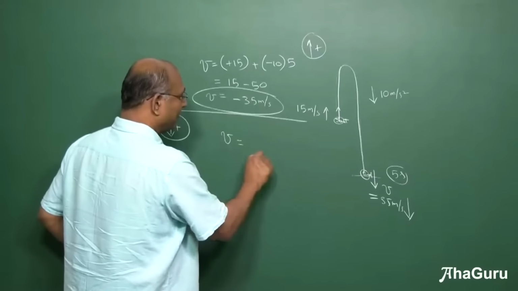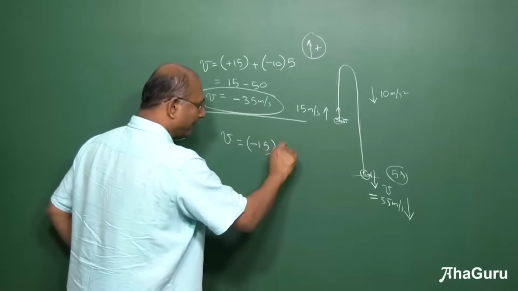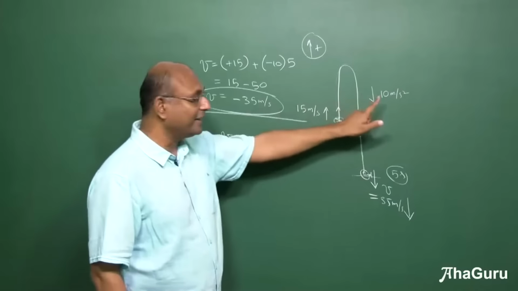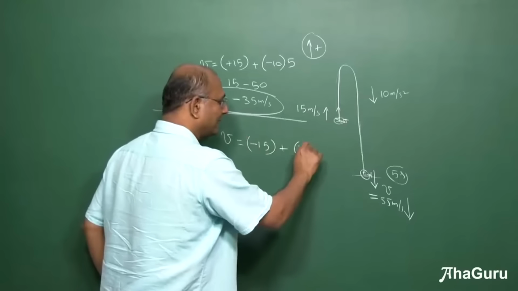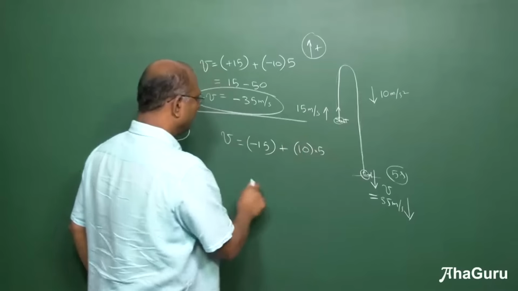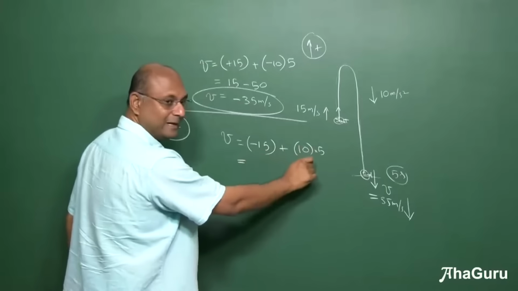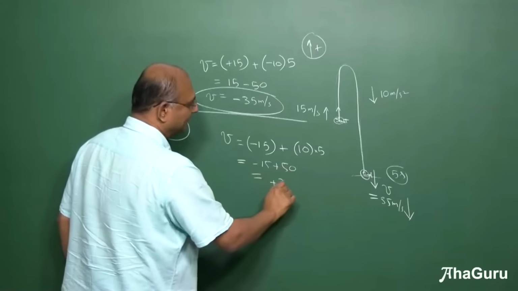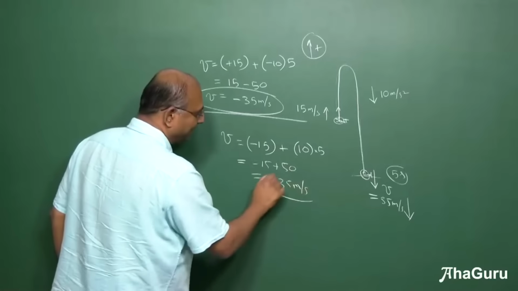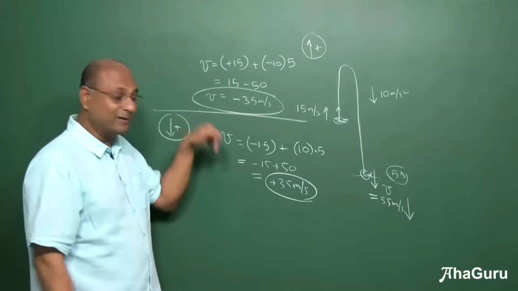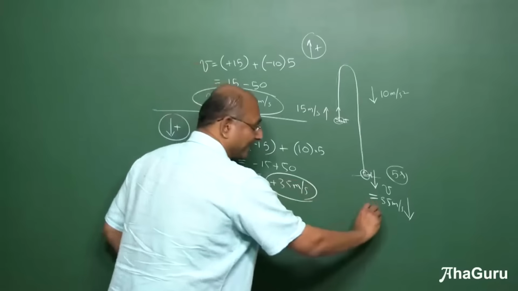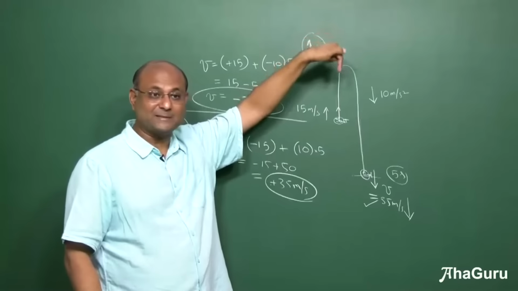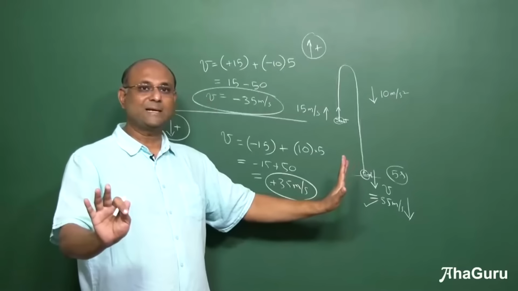So V will be minus 15 plus A, downward positive, so A is plus 10, into 5. Can you see what is the answer? Minus 15 plus 50. How much is minus 15 plus 50? Plus 35. But what is the meaning of plus 35? Downwards 35. This is still correct. The reality is that it has a speed of 35 meters per second downward. That is going to be correct.